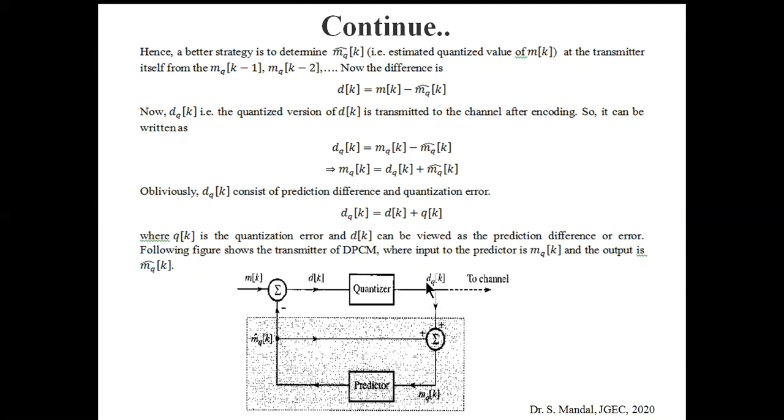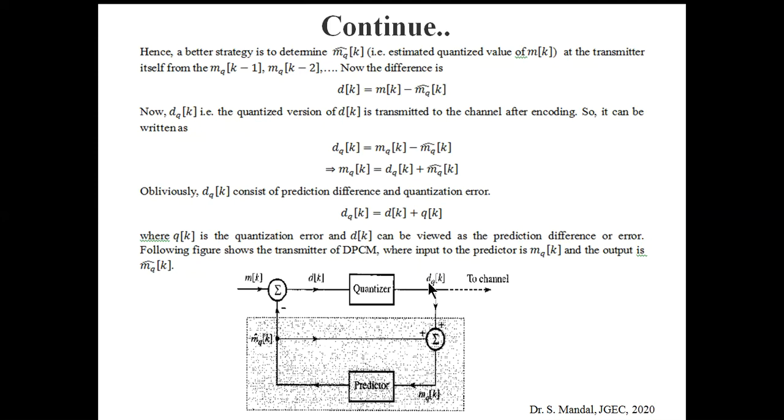The encoded version is sent to the channel. Now using that quantized difference signal, we add it to the predicted value and we get the quantized value. And if the quantized value is passed through the predictor, we get the predicted quantized value of mk. And this continues like a feedback system. Okay, so this is the DPCM transmitter section.